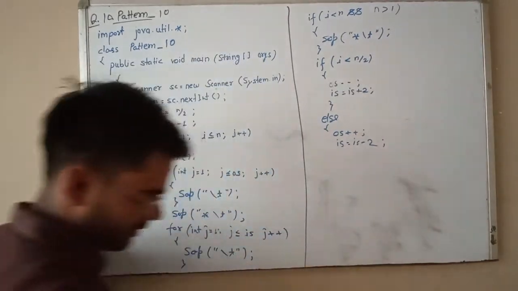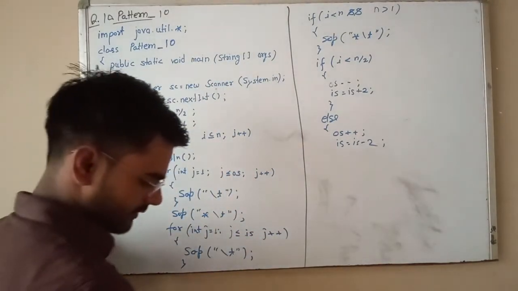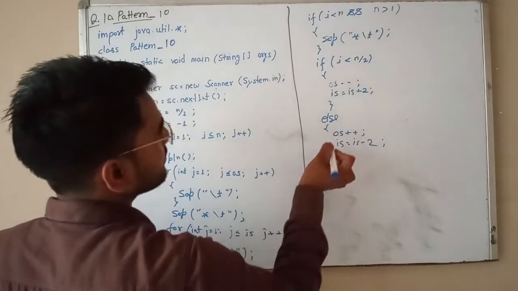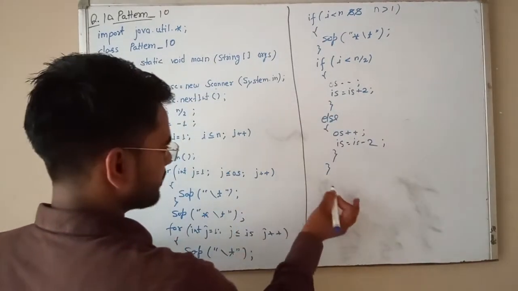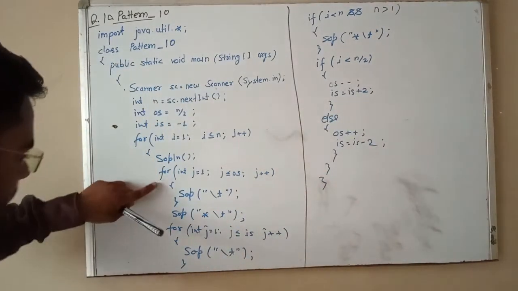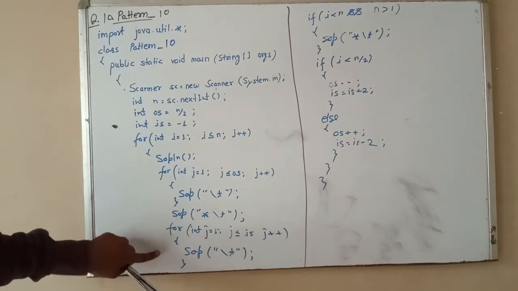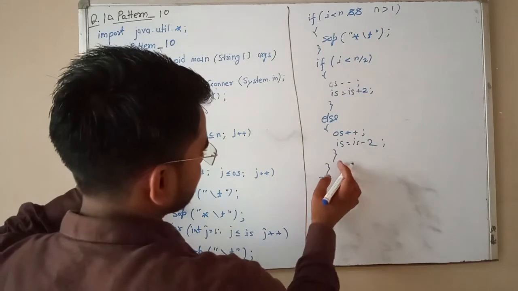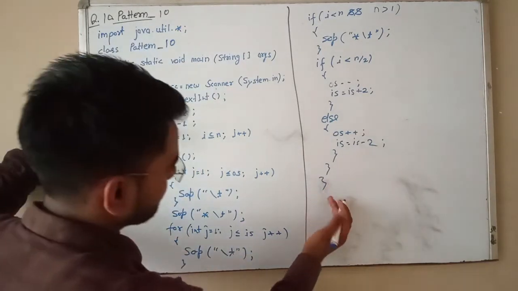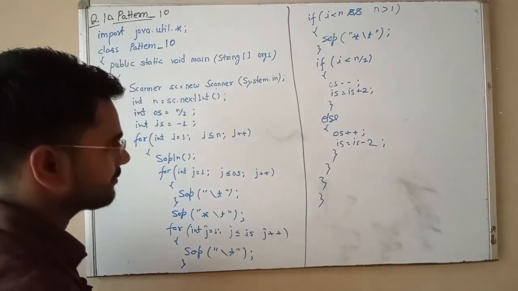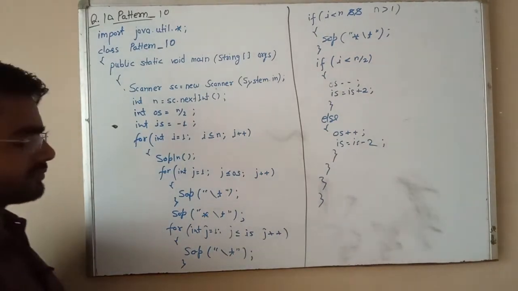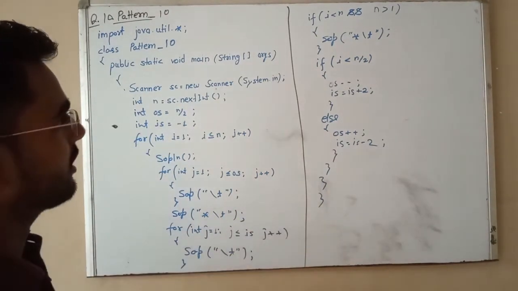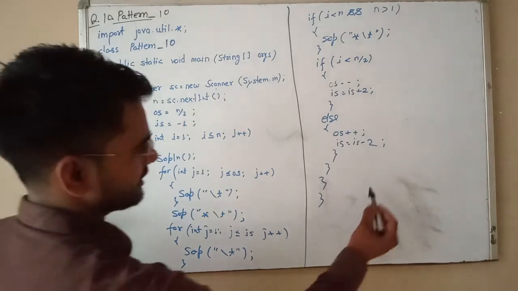Then close this for loop, and this for loop, this one is closed already, and close our main and close our class. So this completes the code for printing the star pattern.